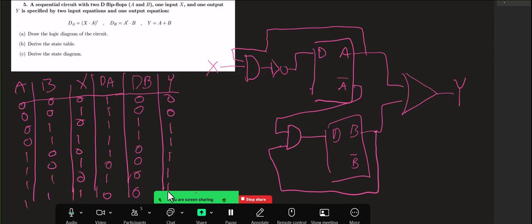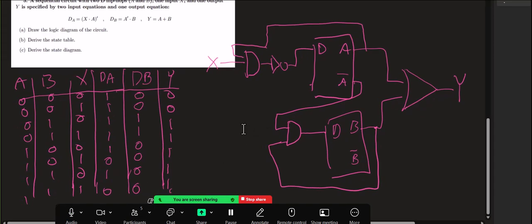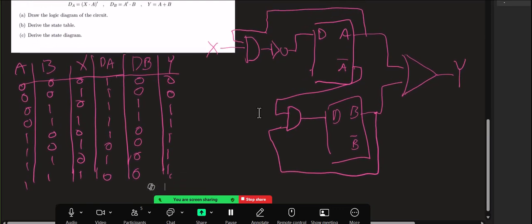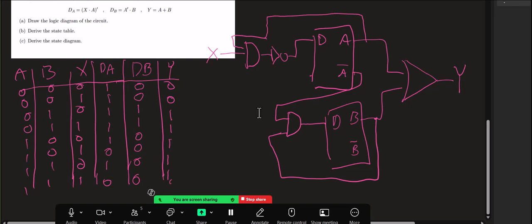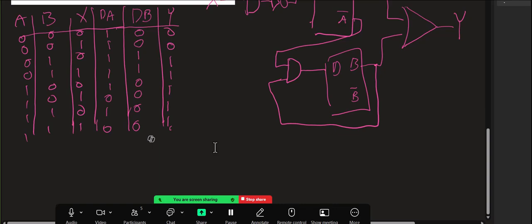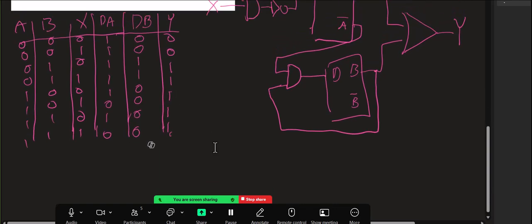All right, so let's see if we can draw a state diagram from this. It might be easier to do a state table first.